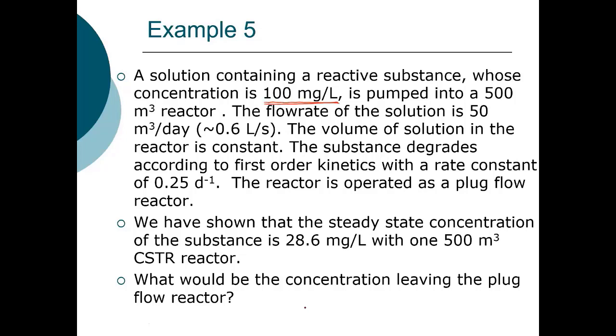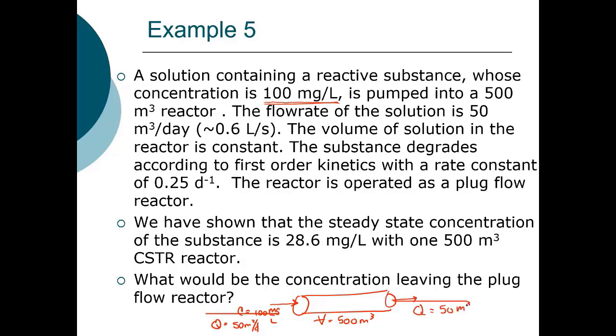So we have, think of it as a pipe, and the solution is entering at 100 milligrams per liter. The volume in this reactor is 500 cubic meters. The flow rate entering is 50 cubic meters per day. So it's leaving at 50 cubic meters per day. And it reacts according to first order kinetics.